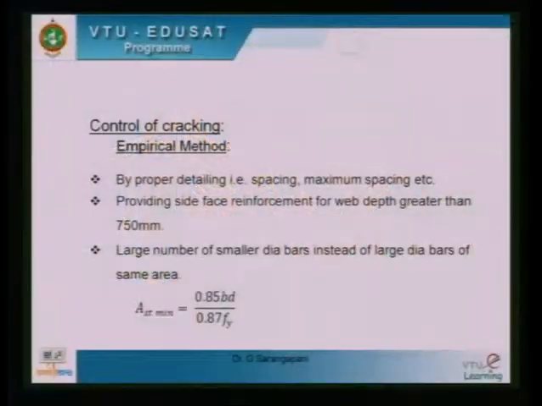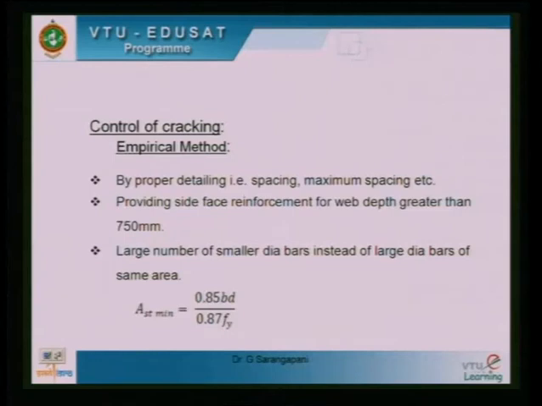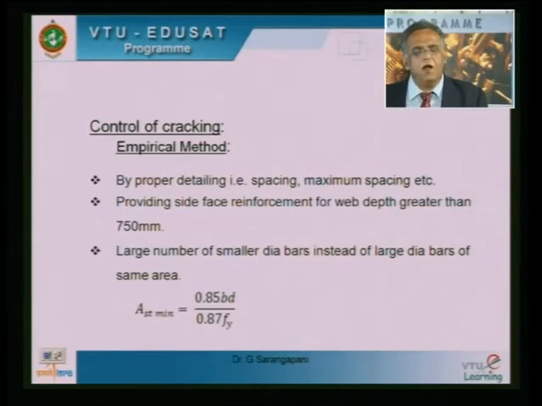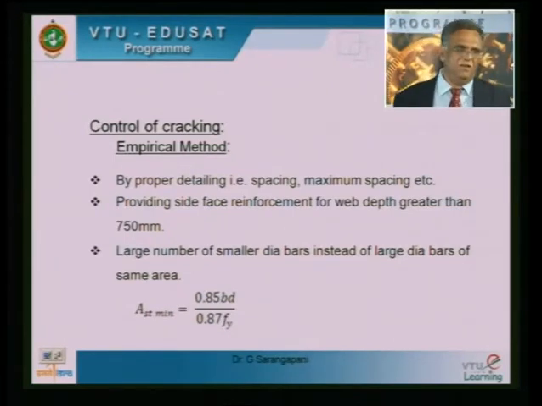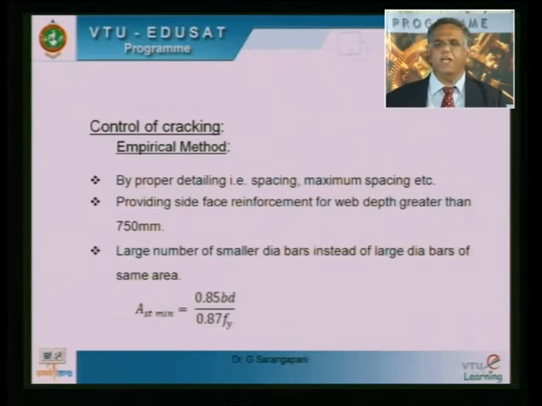In addition, one should also take care of the minimum steel to be provided. Concrete, if you simply place it without any steel, what happens? After a certain time, you can try this in your laboratory, it starts cracking. Under some load, definitely it is going to crack. Under its self weight itself, it may crack.